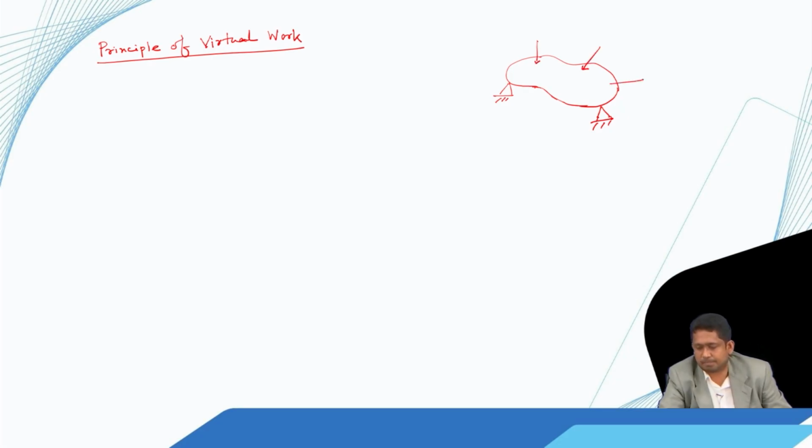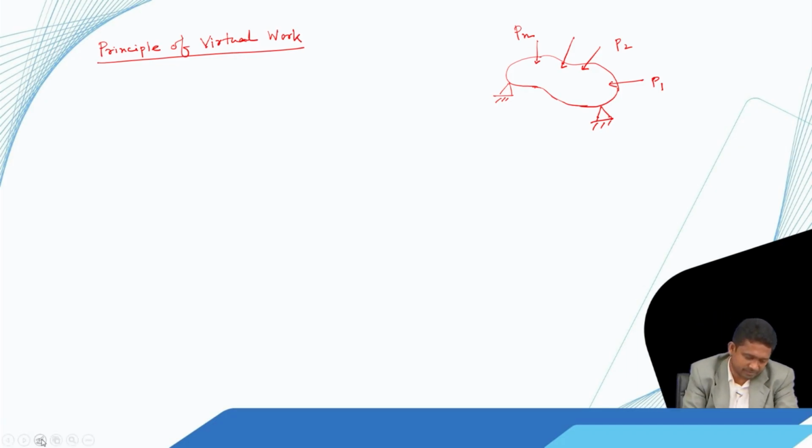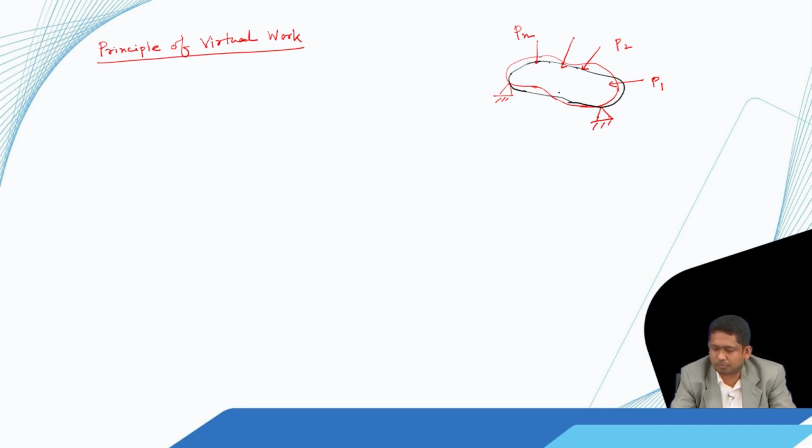So, there are loads P1, P2 and all the way up to Pn. Now, under these loads the body deforms, and the deformed shape may look like this. Suppose the deformed shape looks like this.